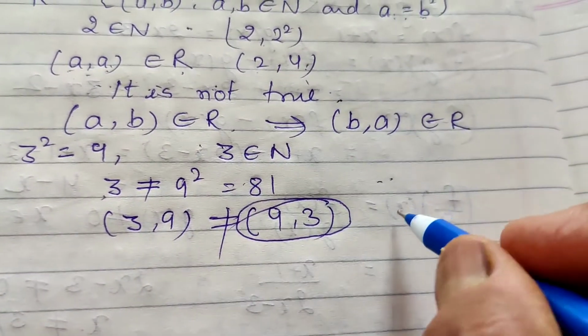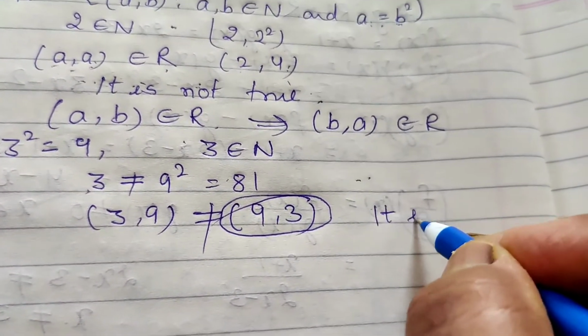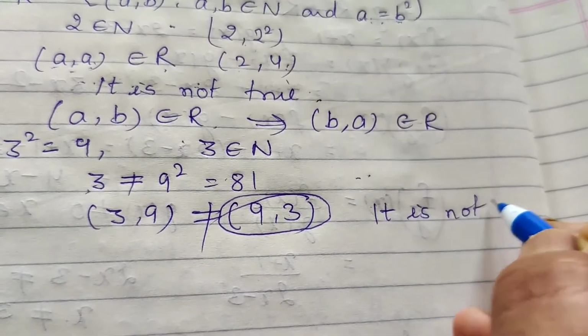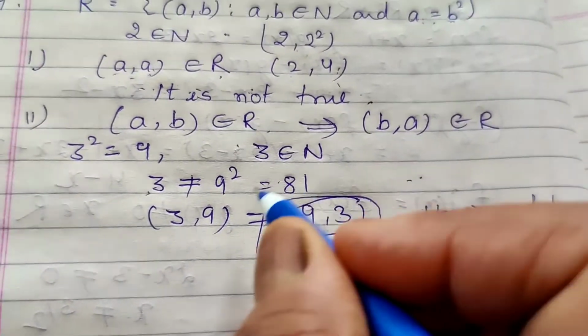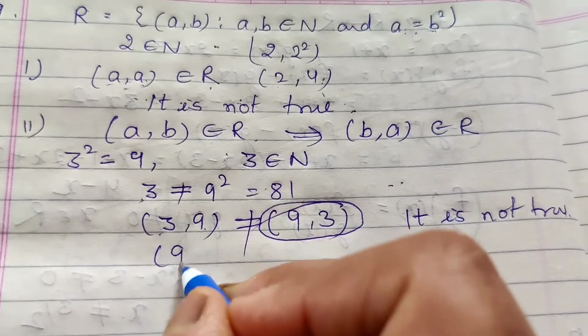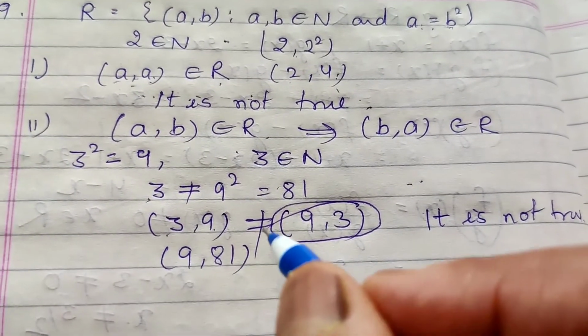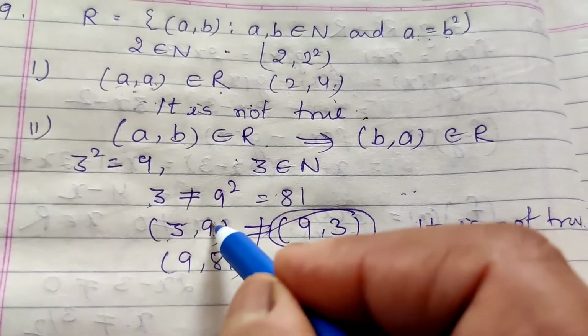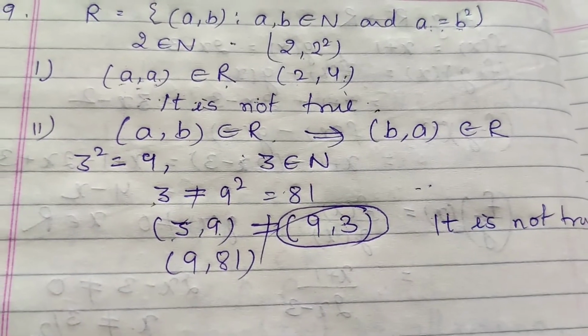Therefore this statement is not true. The relation has (3, 9) and (9, 81), but not (b, a).